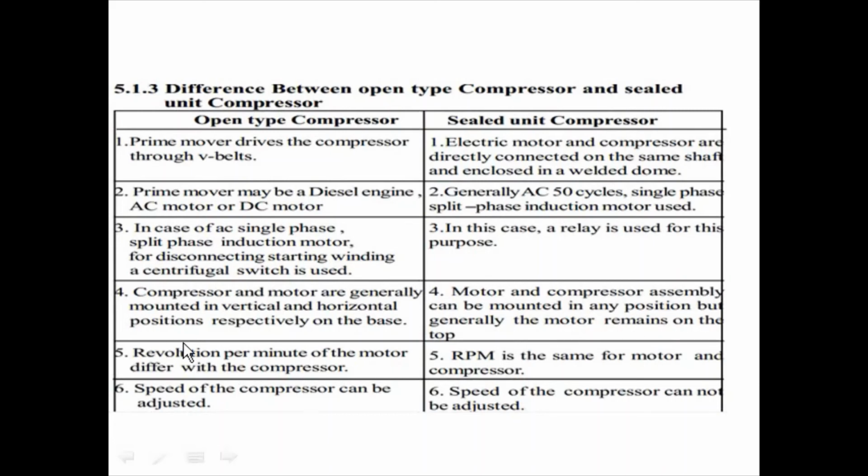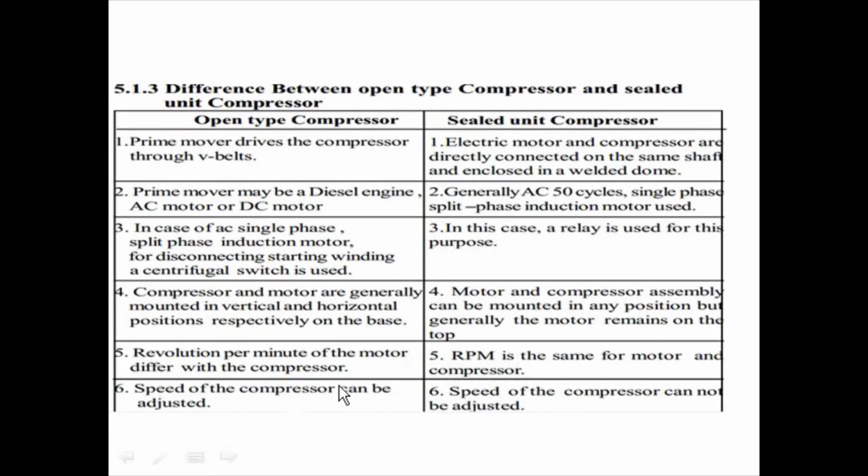For open type compressor, the revolutions per minute of the motor differ from the compressor, while for sealed unit compressor, the revolutions per minute are the same for motor and compressor because they are on the same shaft. Point 6.